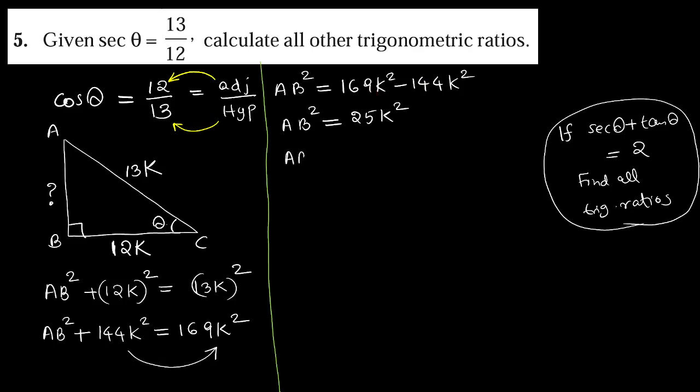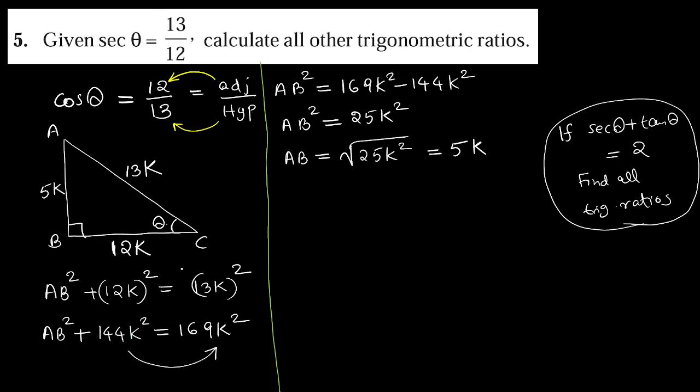Taking square root, root of 25k square. Root 25 is 5. Root k square is k. So finally I got AB. It is 5k.